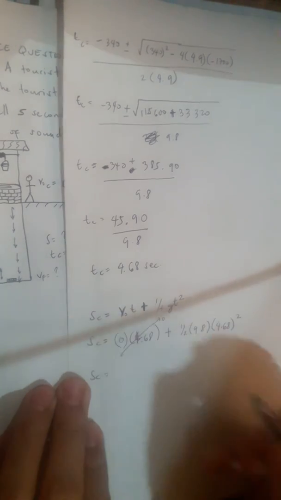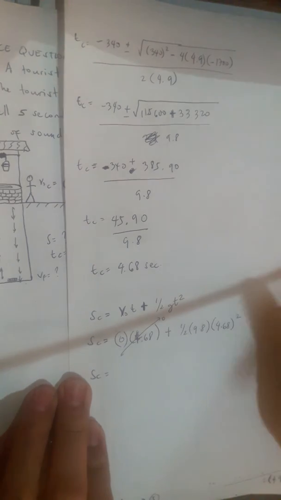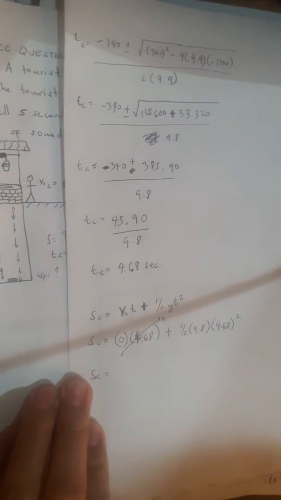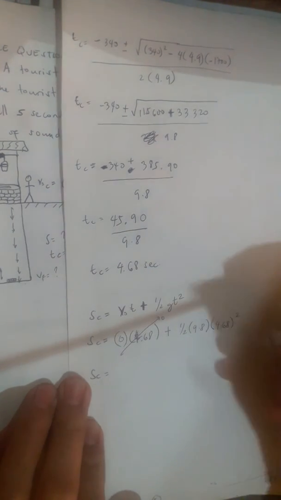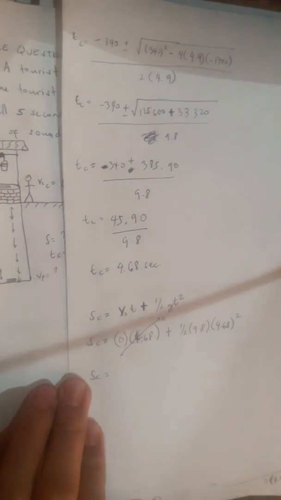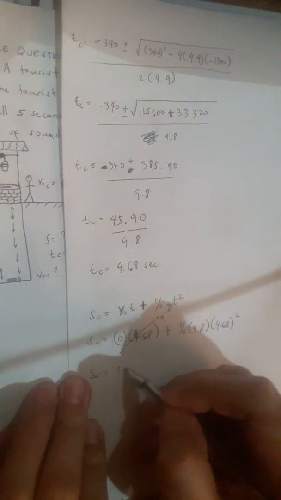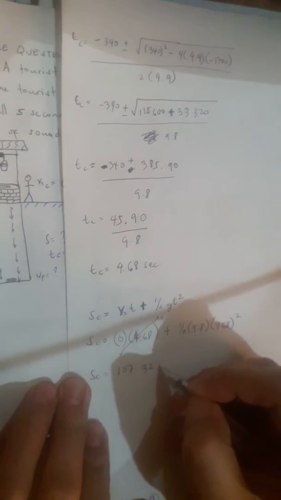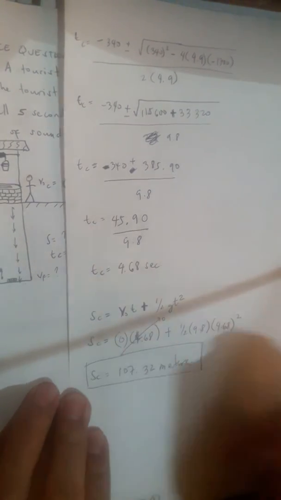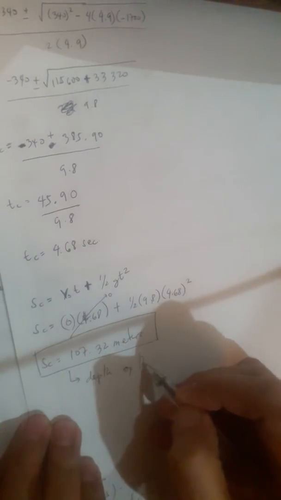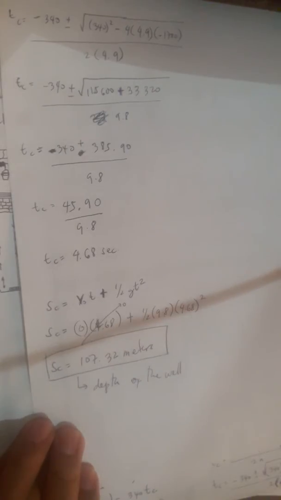The SC, or the depth of the well, okay, kunin yung 4.68 squared, i-multiply sa 9.8, divide by 2. The answer is 107.32 meters. That is the depth of the well. Alright. So this is actually the depth of the well. It's 107.32 meters.